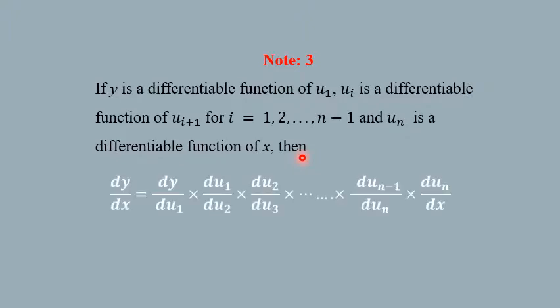Then dy by dx is equal to dy by du1 into du1 by du2 into du2 by du3 into dot dot dot into dun minus 1 by dun into dun upon dx. This is also known as the chain rule.